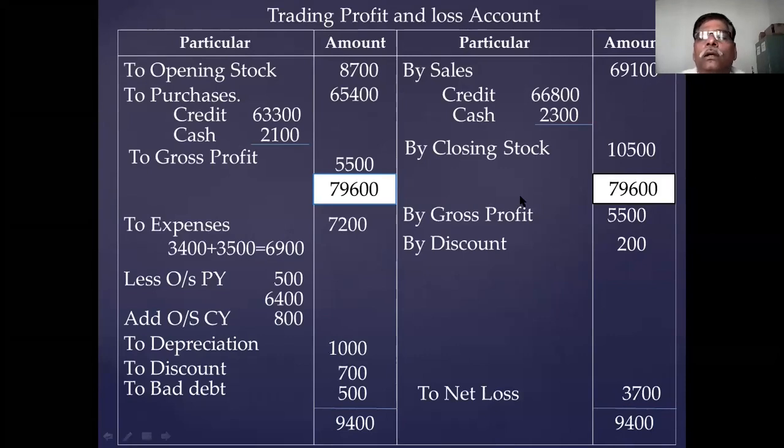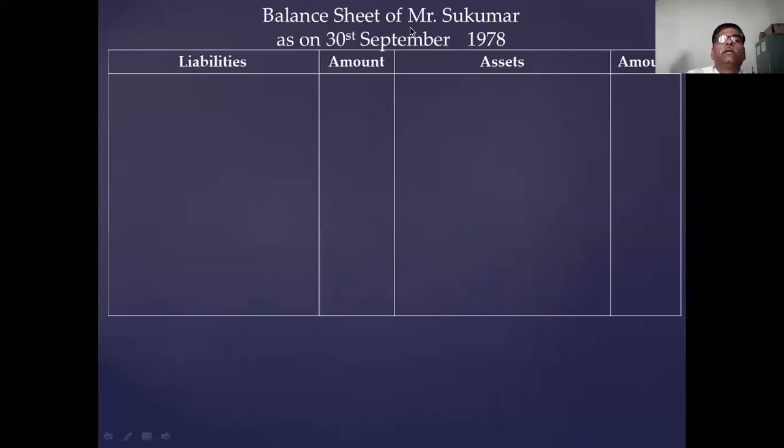Okay. Now we prepare the balance sheet. This is the balance sheet of Mr. Sukumar as on 30th September 1978. First you take the capital. Opening capital is 36,800. Add net profit, additional capital, interest on capital. These three items are not in the problem.